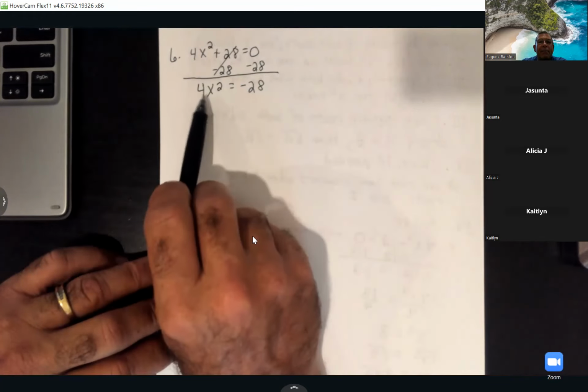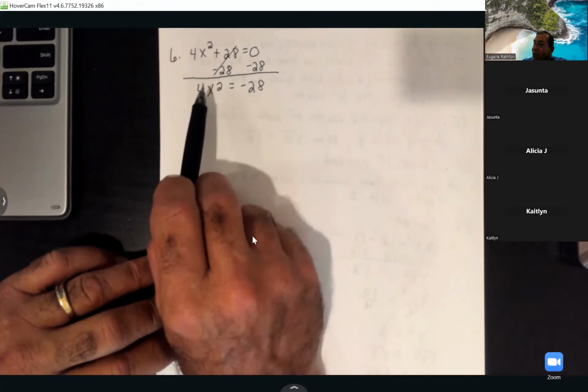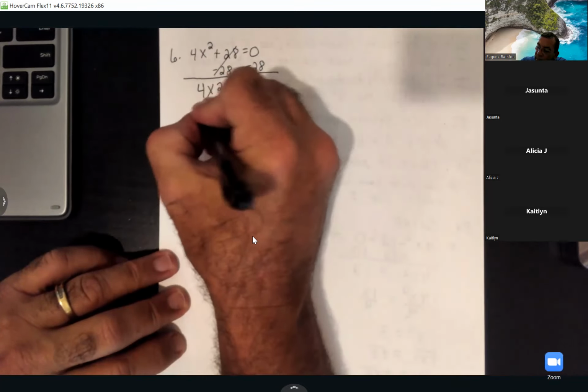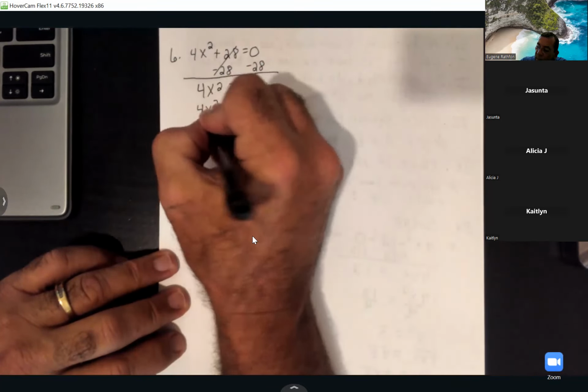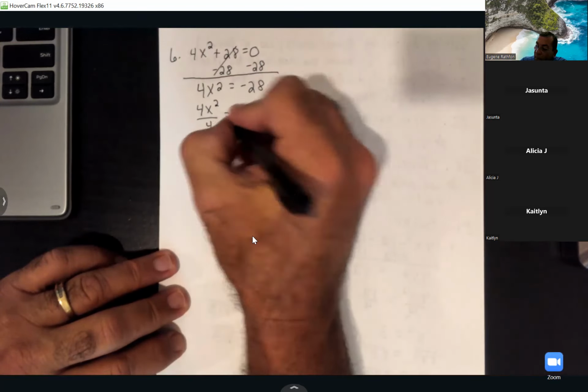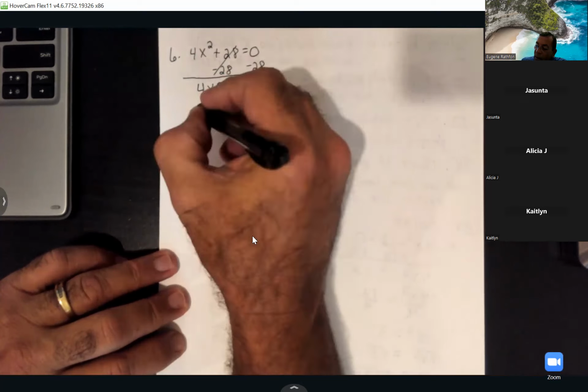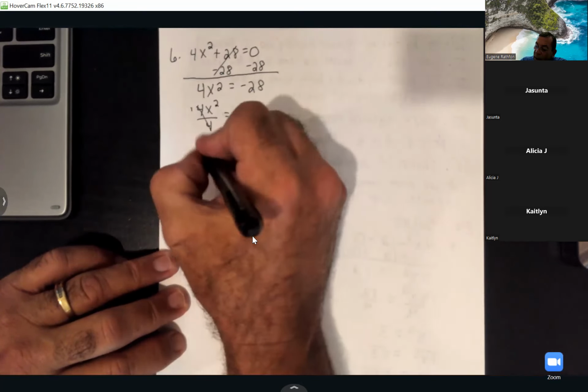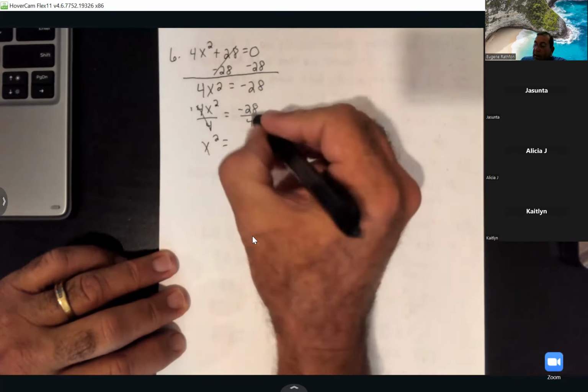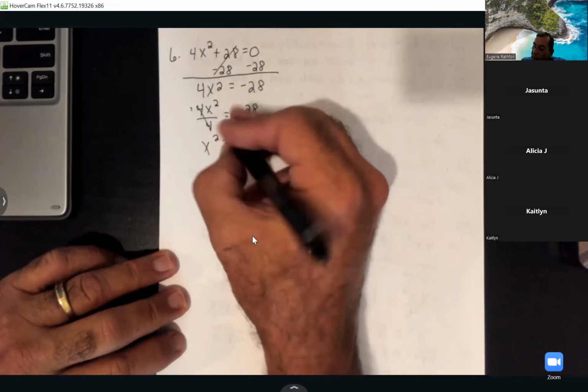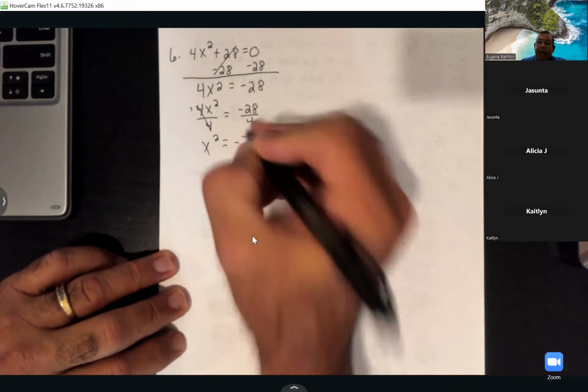Now remember my next step, since I got a 4 in front, we're going to divide both sides by the 4. Look, that cancels, giving me my 1x squared. Negative 28 divided by 4 gives me a negative 7.